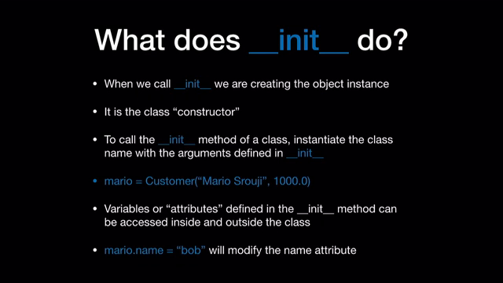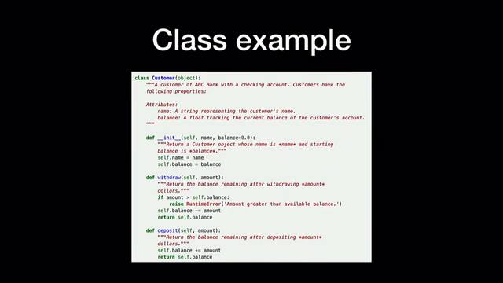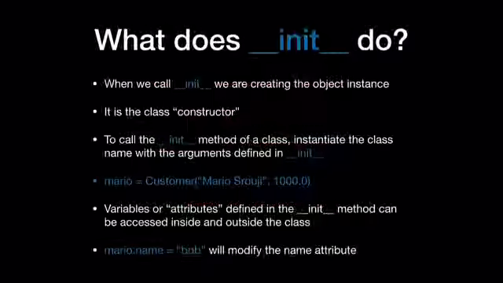Let's say we first instantiate the class, Mario equals Customer of the two arguments, and then on the very last line, we say Mario.name equals Bob. What this will do is modify the previous name we had stored inside of the class to Bob. Does that make sense?